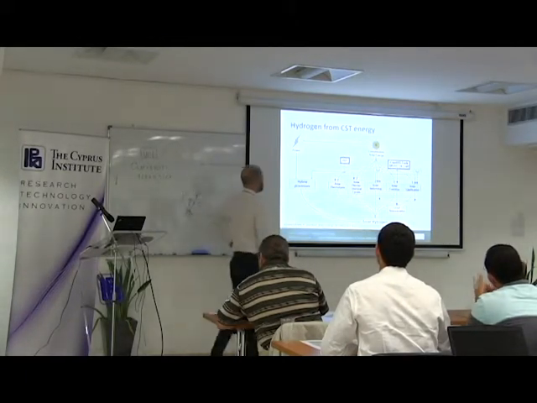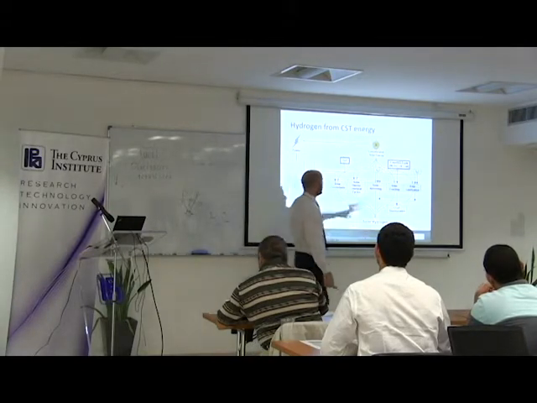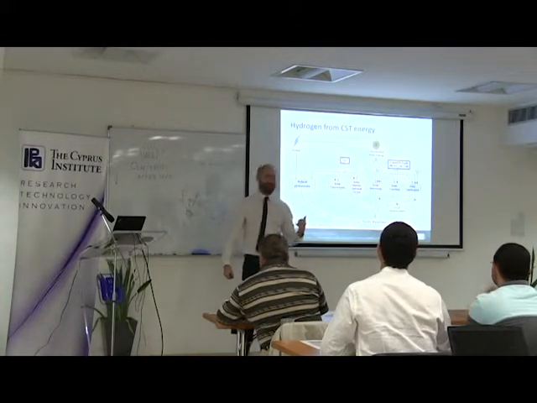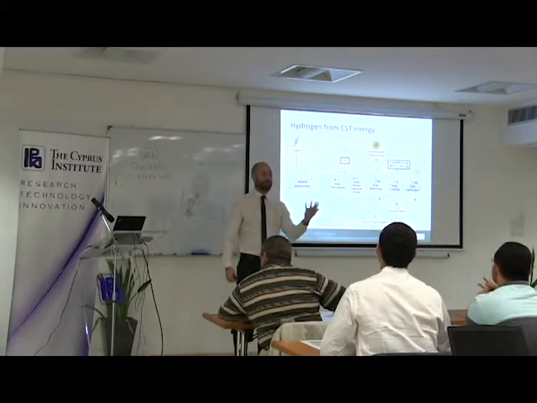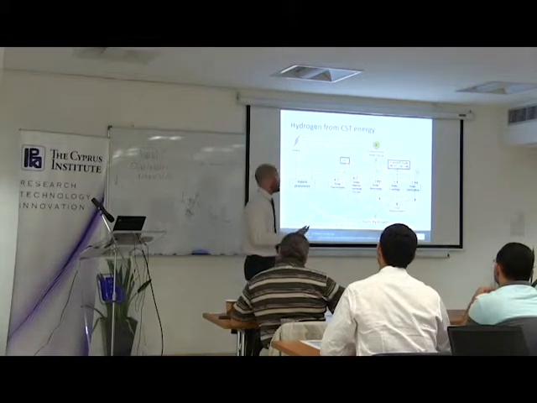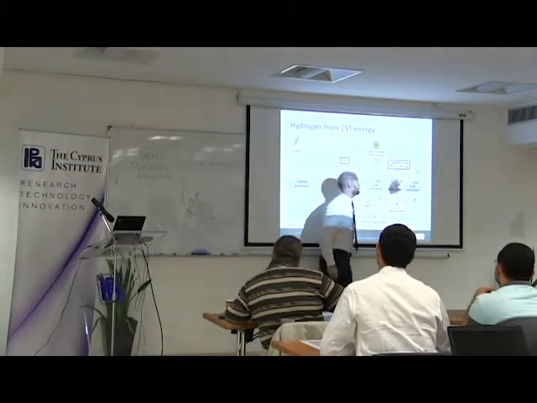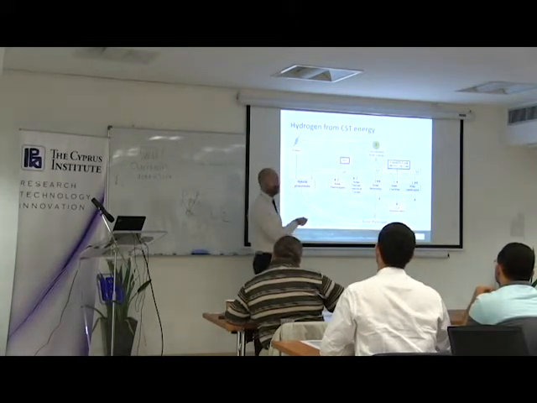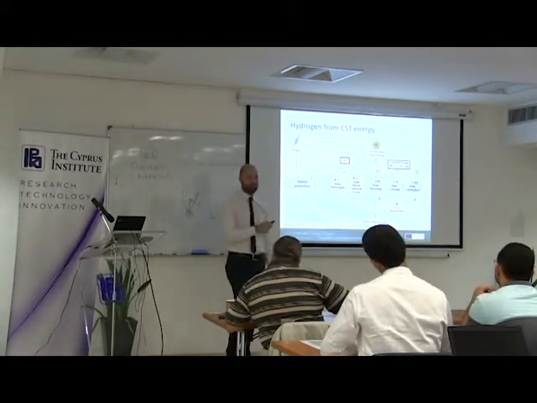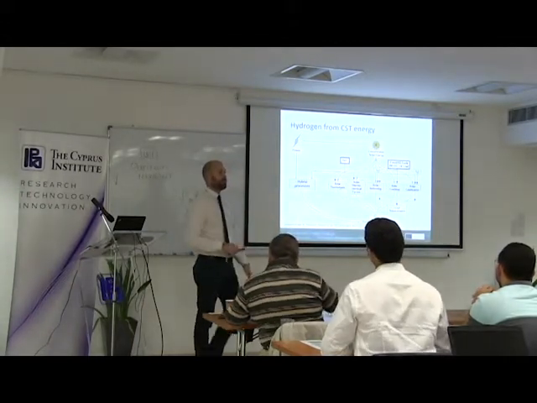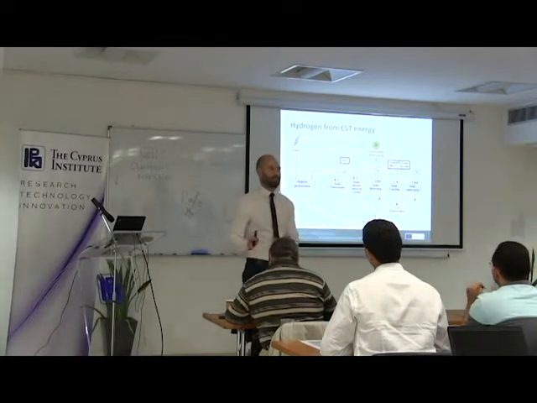As we will see, the first is much closer to what we do today, so it's easier, and it makes it possible in the near future to just replace the energy input from fossil energy to renewable energy. So this is, I would say, the mid-term option, and then this is probably the final objective, producing hydrogen from water using renewable energy. You can do this with so-called purely thermochemical processes.